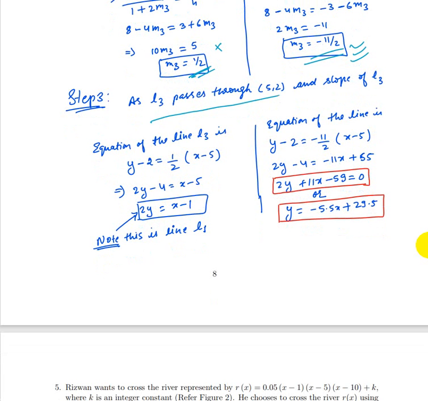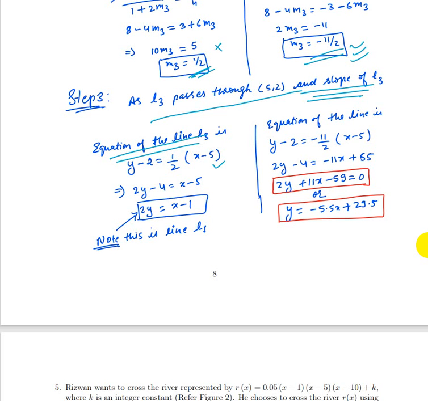So as L3 passes through 5 by 2 and slope of L3 is known, we can just easily find the equation of line L3 by any of the forms. Either we can take the point slope form.